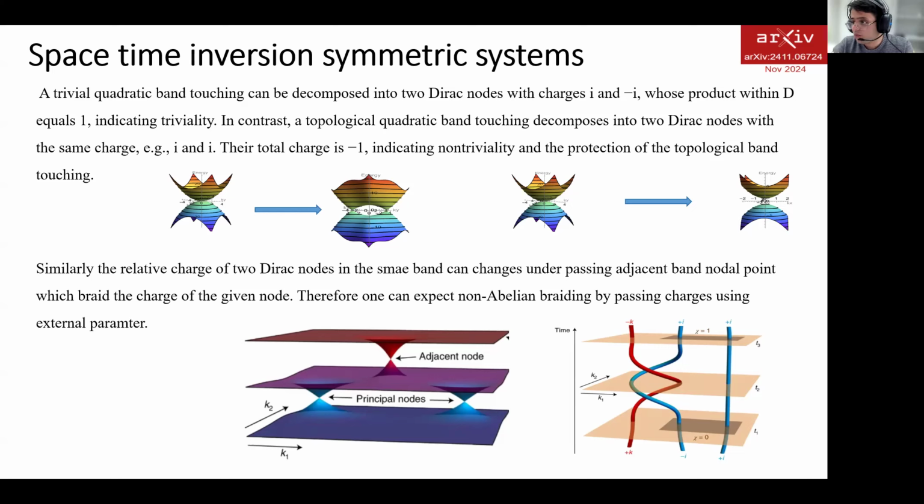You can confirm it again using Euler charges, and in this situation, your Euler charge is 1, but here it is 0.